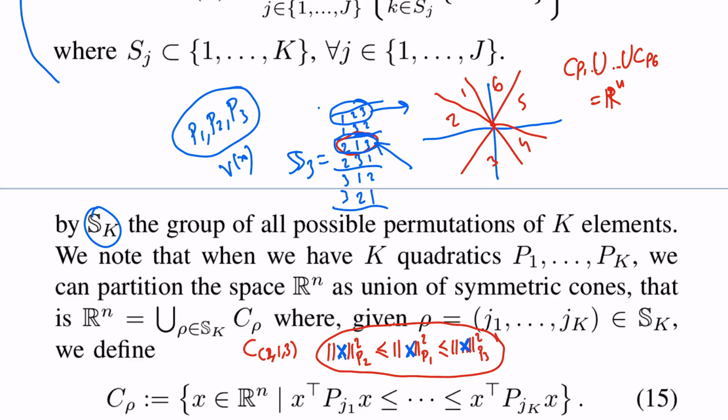For any given x, first of all, you look at those cases and then you determine which one is active. Only one needs to be active, except the boundaries and stuff. C rho 2, for example, right? Okay.